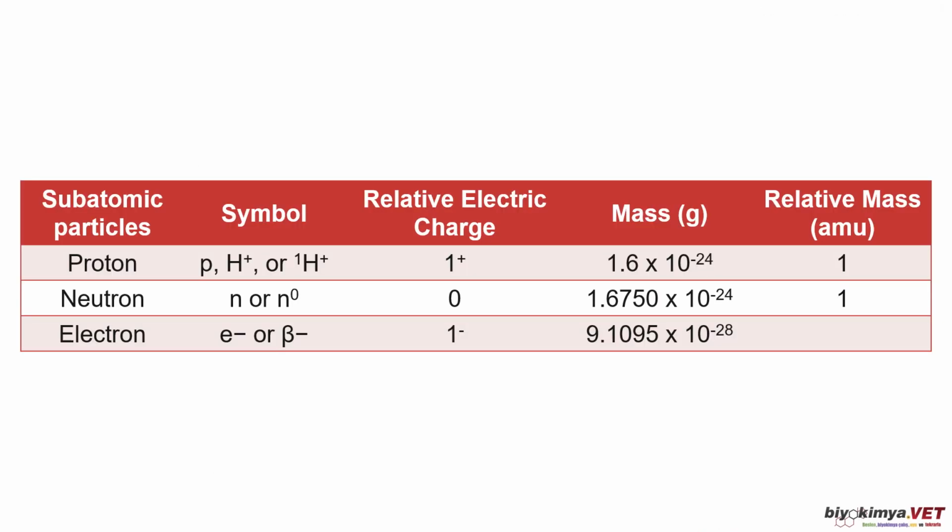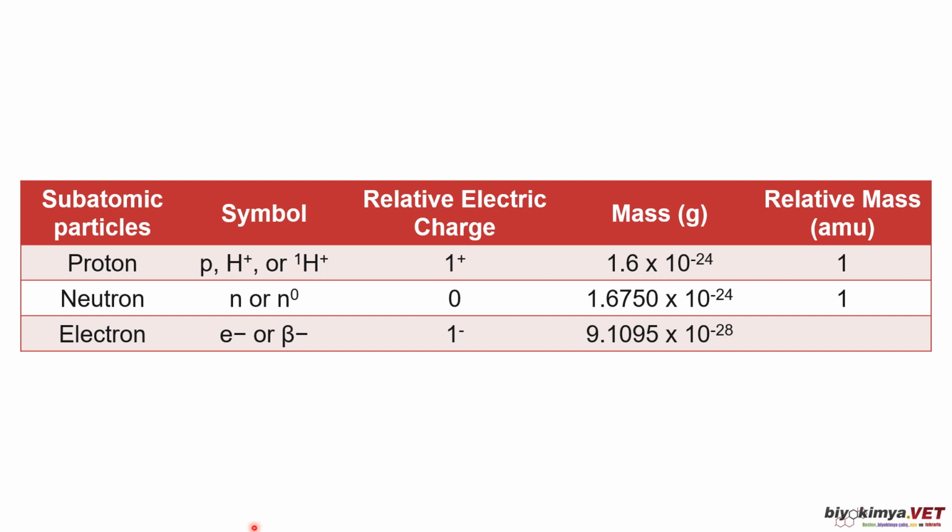The simplest atom is the hydrogen atom, which is chemically denoted by the symbol H. The nucleus of the hydrogen atom consists of a single proton, and the positive charge, plus one, of this proton is balanced by an electron in the electron shell.